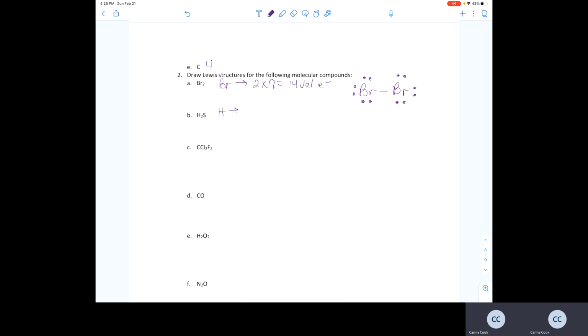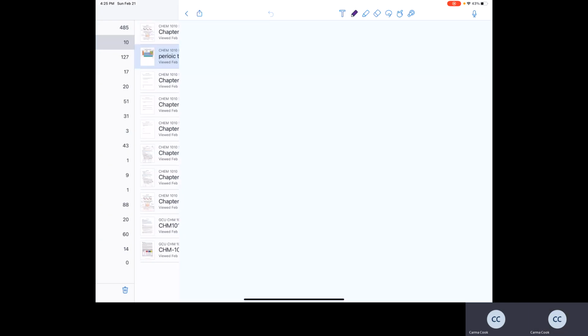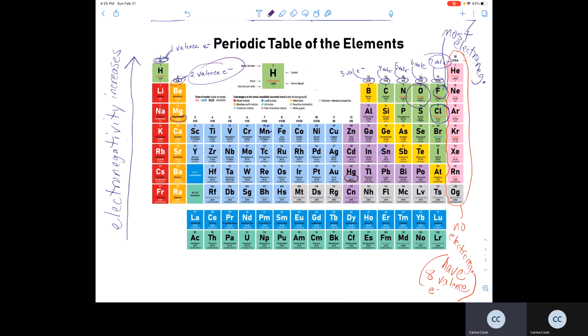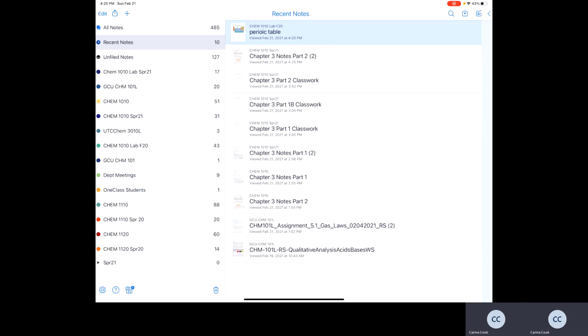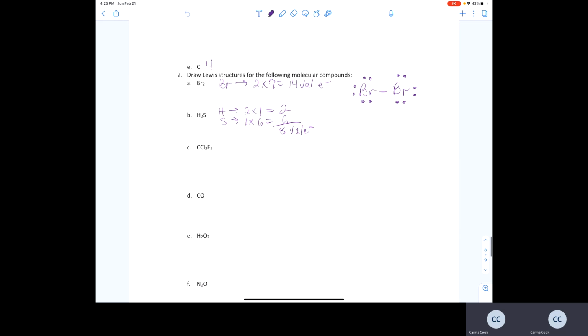H2S contains 2 hydrogen atoms, each in group 1A. Sulfur, there's one of them, and it's in group 6. So H2S is going to look a lot like H2O. Oxygen and sulfur are both in group 6A. So H2O and H2S, their Lewis structure should look similar.